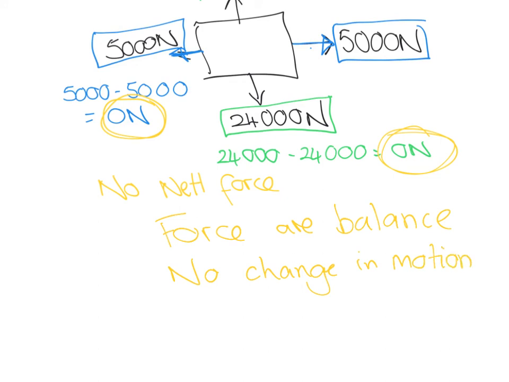So whatever that box or that vehicle or whatever object it is, whatever it is doing, it is going to carry on doing the same. So let's say that it was moving at a constant speed, it is going to stay moving at the same constant speed. Or if it is stopped, if it is at rest, it is going to stay at rest until one of those forces or pairs of forces become unbalanced.